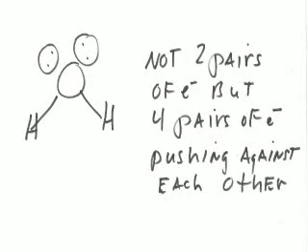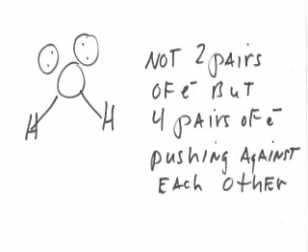And the point is, VSEPR is valence shell electron pair repulsion. The oxygen starts out with 6 valence electrons. It only uses 2 of them in bonding, which means it also has 2 lone pairs. The result is that in the water molecule, we don't have just 2 bonding pairs of electrons trying to get away from each other.